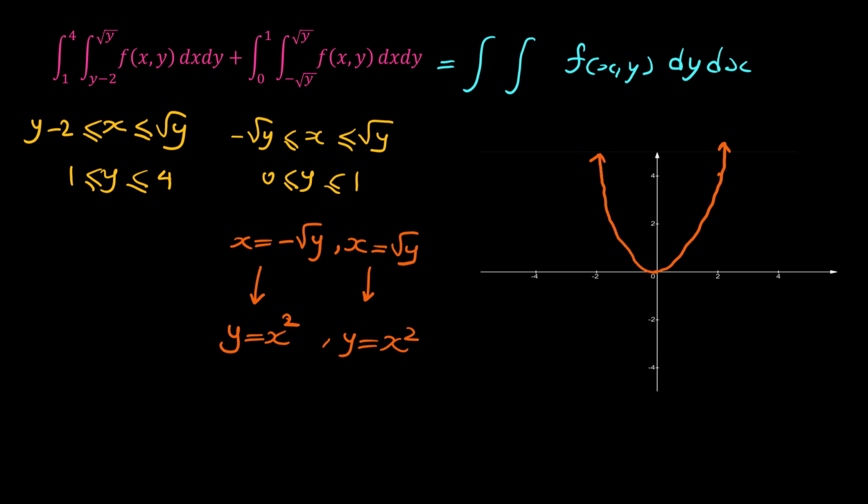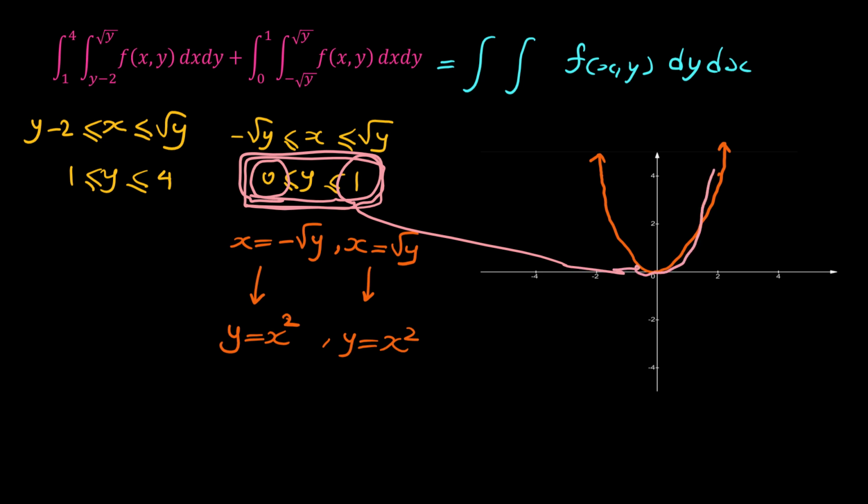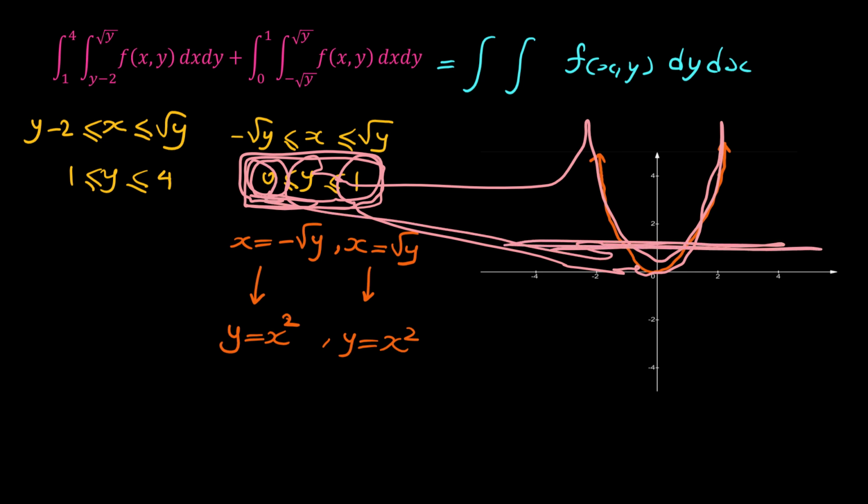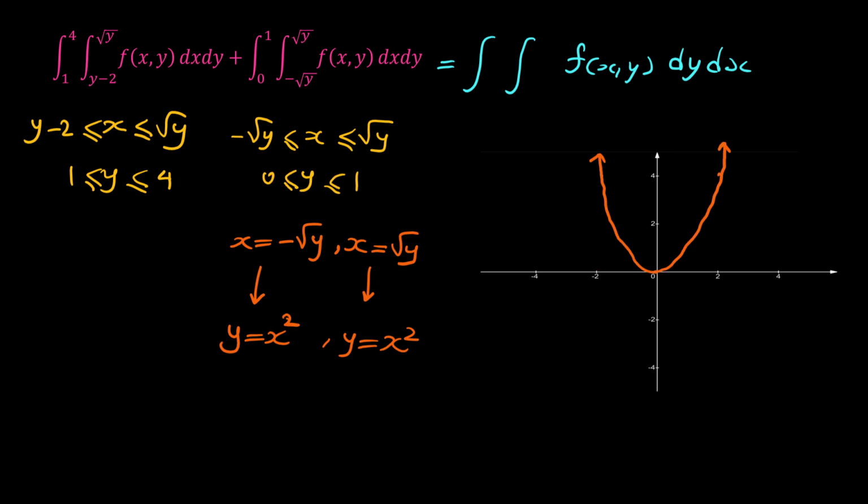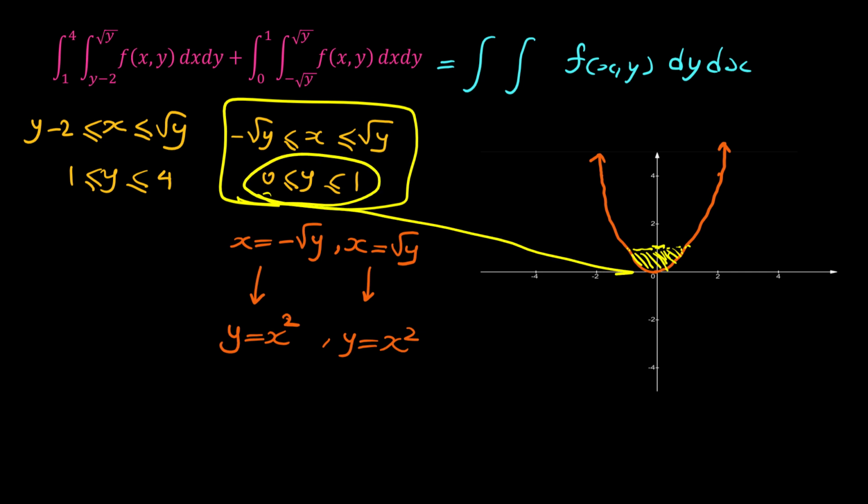But here we are limited for y: y is from 0 to 1. So we only consider the part of the parabola where y is from 0 to 1, and we ignore the part above y equals 1. So the region these two equations describe is only this part.